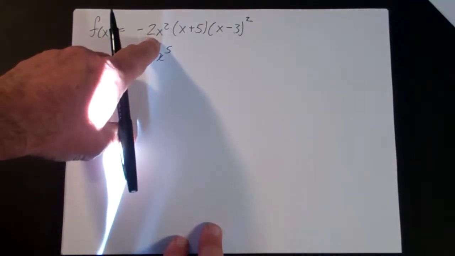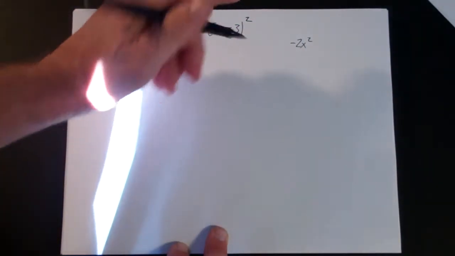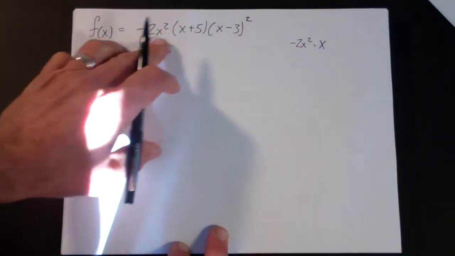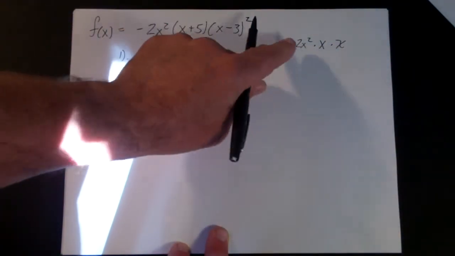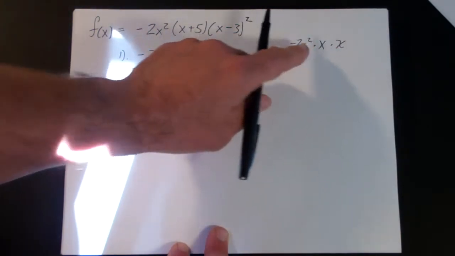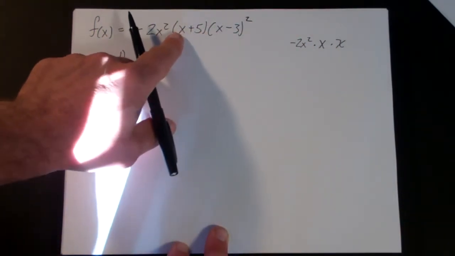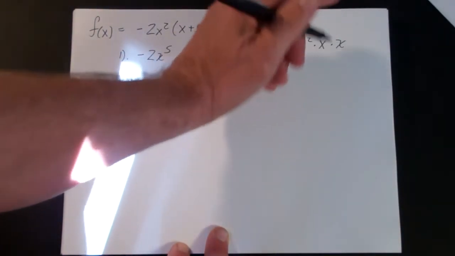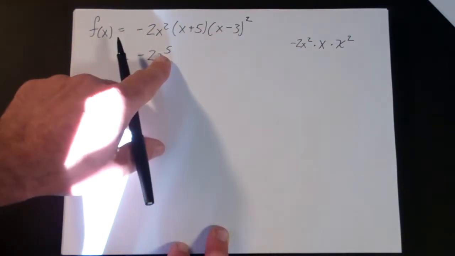Here this is minus 2x squared. The largest power here is just a plain x. And the largest power here is an x, but you're going to square it, so it's going to be x squared. Minus 2x squared times x squared, times x, is minus 2x to the 5th.